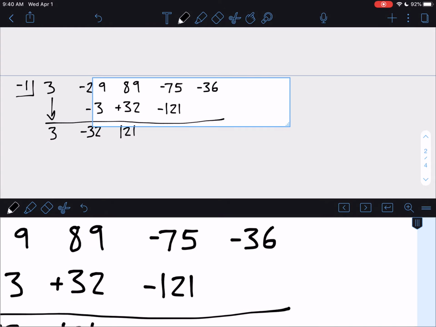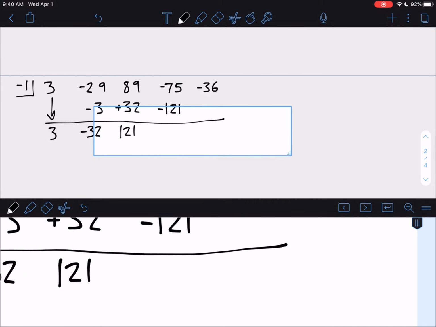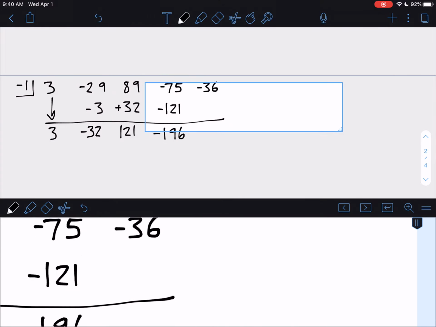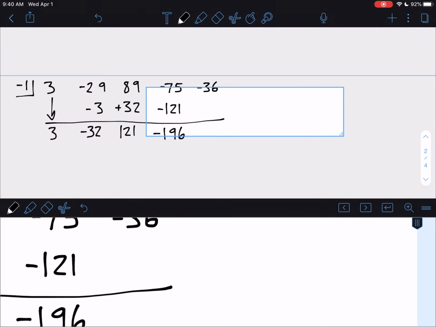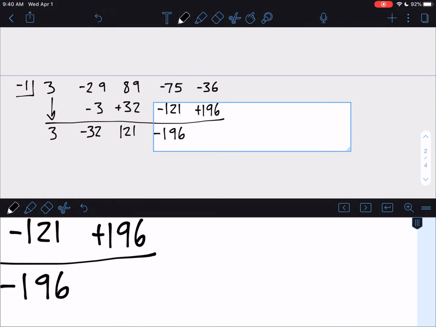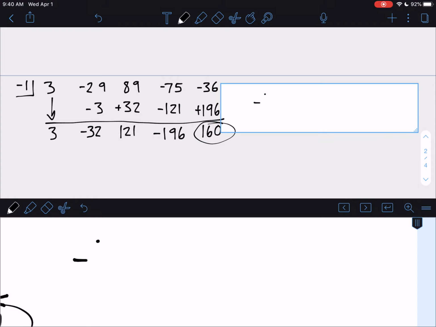And negative 75 minus 121, that's going to be negative 196. And negative 1 times negative 196 is going to be positive 196. And negative 36 plus 196 is 160. So very clearly, that last number there, that 160, is not 0, which means negative 1 is not a 0 of this polynomial.